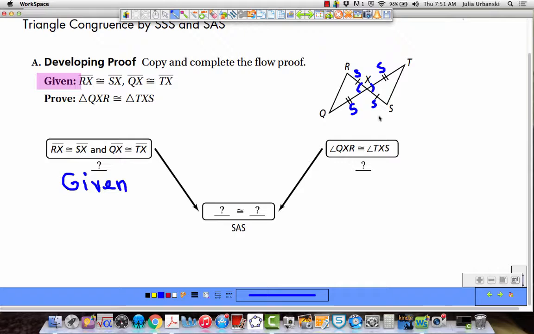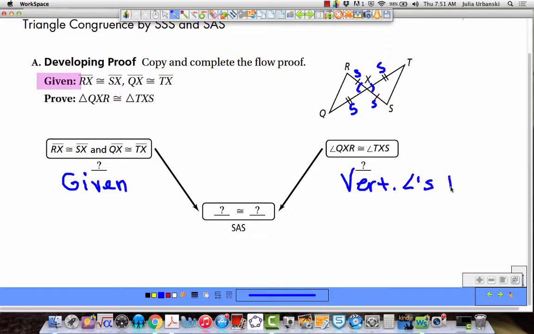What reason is there for this angle here to equal this angle here? Vertical angles, that's right. So you're going to say vertical, I knew you knew it. So it's vertical angles theorem.